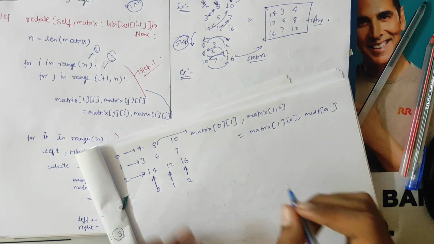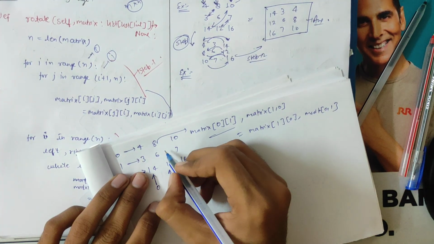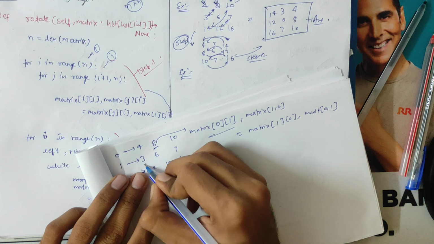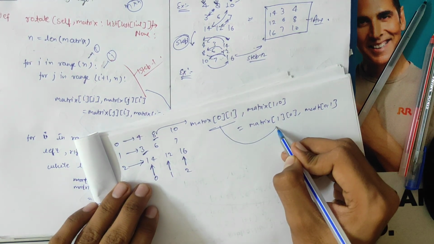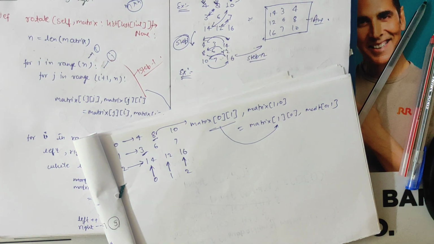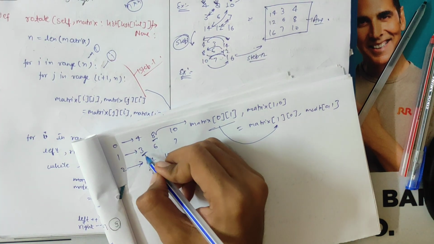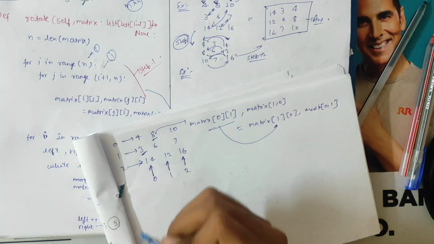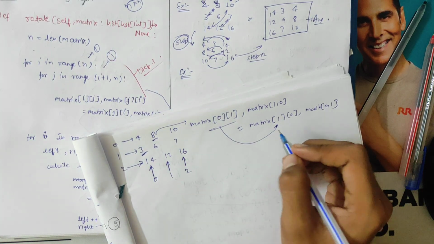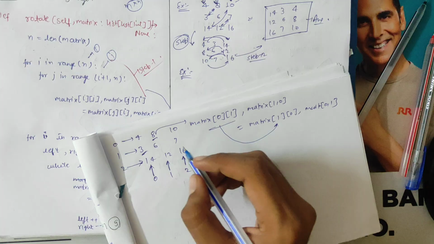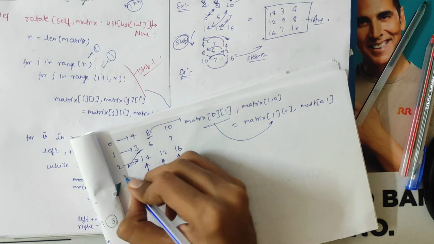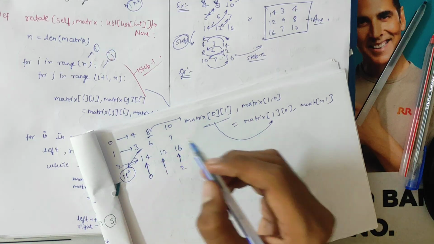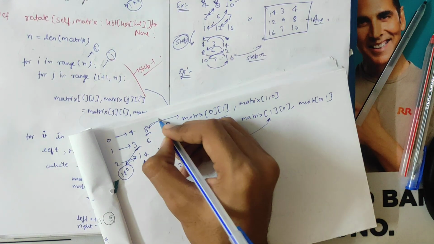So 0 comma 1, this element and this element will get swapped. 1 comma 0 will take the place of 0 comma 1. What is 1 comma 0? 3 is the 1 comma 0th element, and 0 comma 1 is 8.